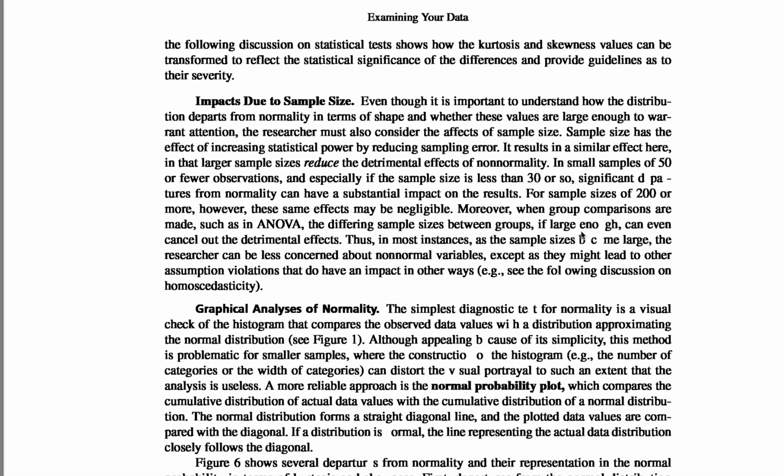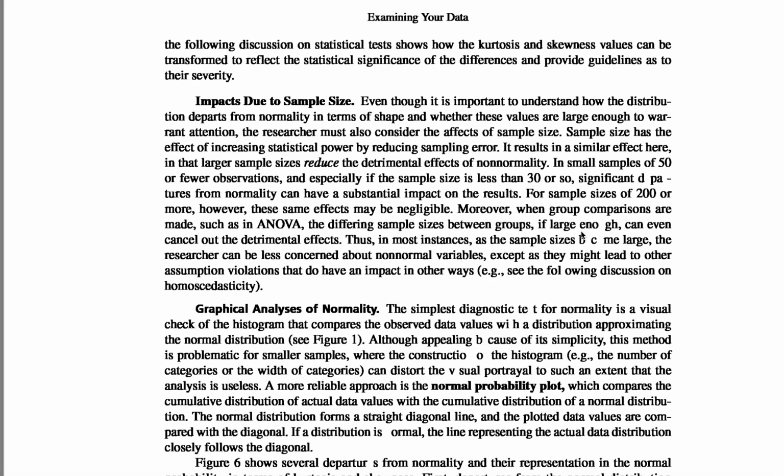Larger sample size has the effect of increasing statistical power by reducing sampling error. It results in a similar effect here: a large sample size reduces the detrimental effect of non-normality. In small samples of 50 or fewer observations, and especially if the sample size is less than 30 or so, significant departures from normality can have a substantial impact on the results.